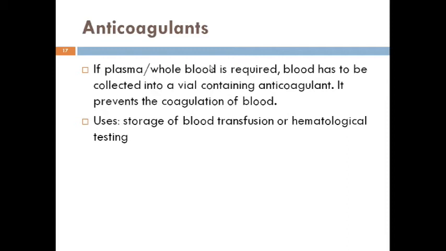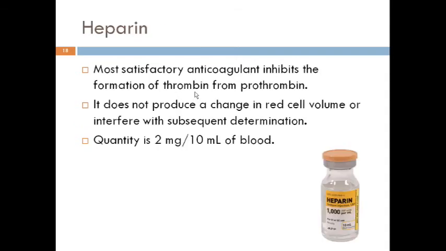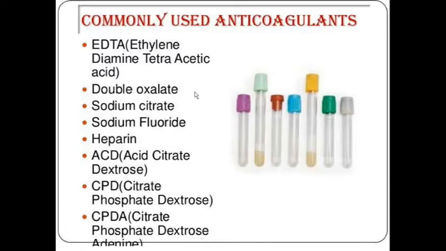The purpose of the anticoagulant is storage of the blood for transfusion or hematological testing. Commonly used anticoagulants are EDTA, double oxalate, sodium citrate, sodium fluoride, acid citrate dextrose, and citrate phosphate dextrose.